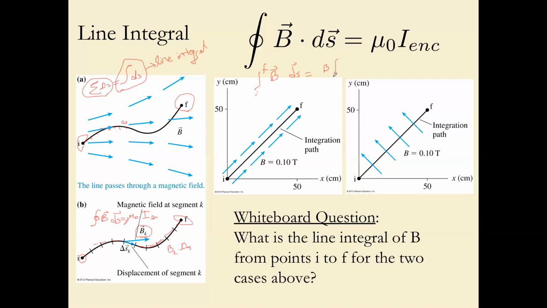For the integral of ds from the initial point to the final point, assume that this length is equal to L. So the integral of ds, which means the summation of all these small ds segments, is equal to L, from 0 to, what is this point? 50.